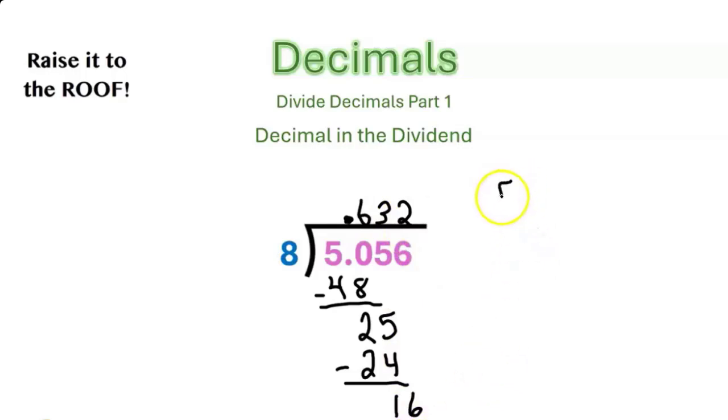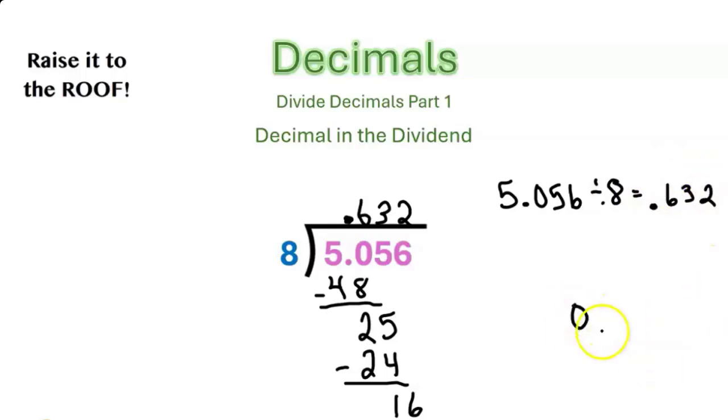So if I write it out the other way, 5 and 56 thousandths divided by 8 equals 632 thousandths. And remember, you can also write that number with a 0 before the decimal. It doesn't matter, it's both the exact same number. Okay, pretty easy, isn't it?